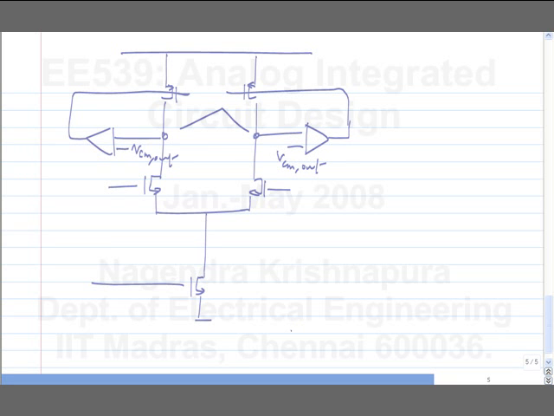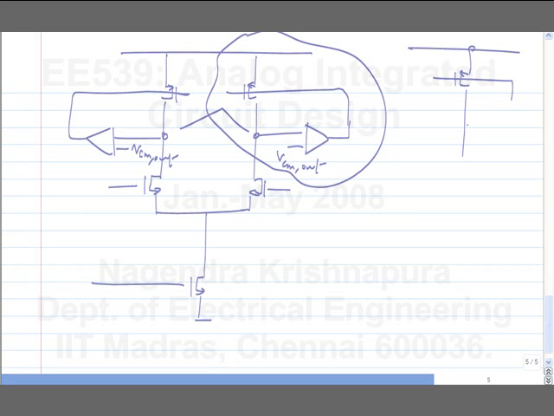Let's take this part of the circuit. This is what we have. What is the impedance looking in here? RDS. Why? What happens if I wiggle this node by some amount?